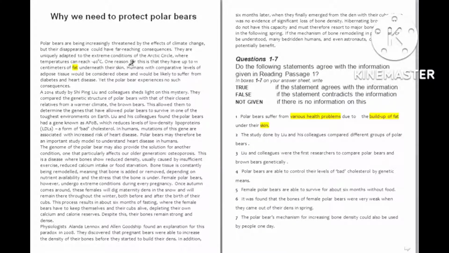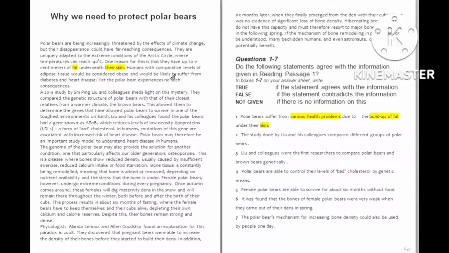So we start from here. They are uniquely adapted to the extreme conditions of the Arctic Circle where temperatures can reach minus 40 degrees. One reason for this is that they have up to 11 centimeters of fat under their skin. We find the words skin, fat.